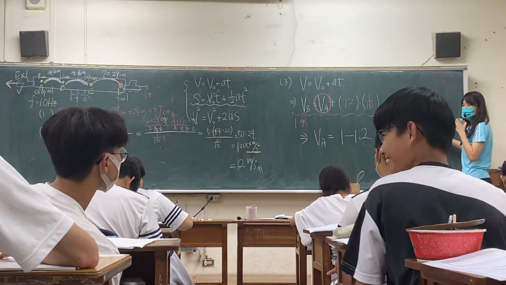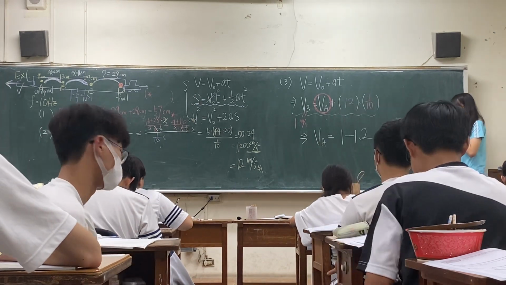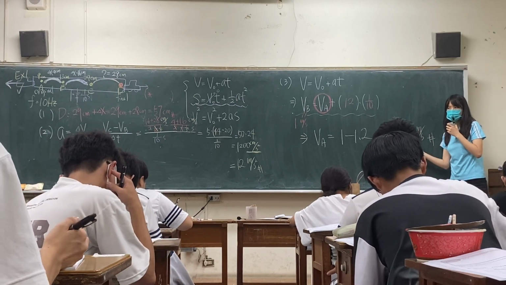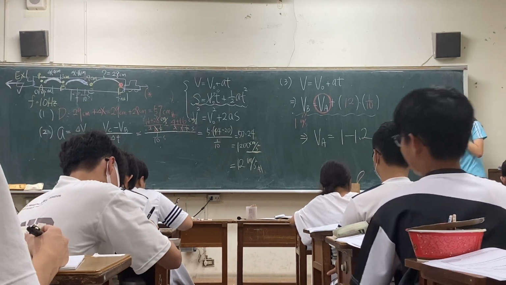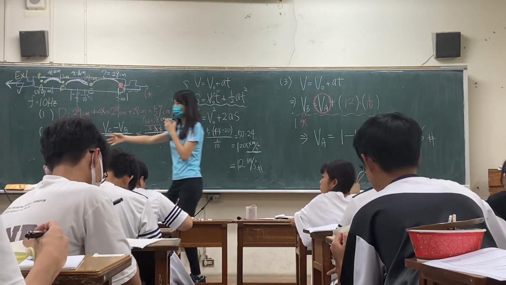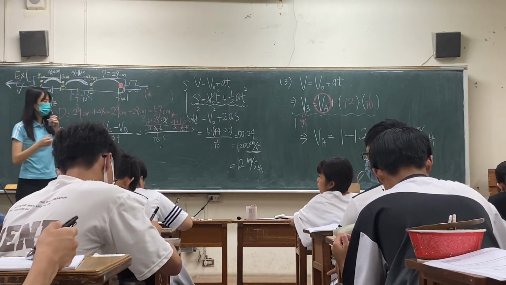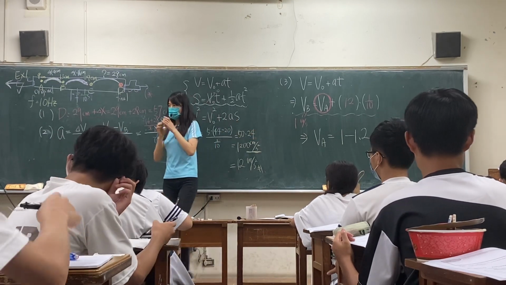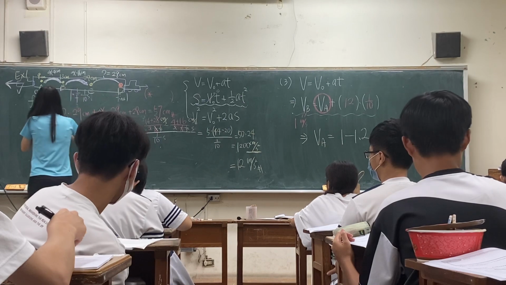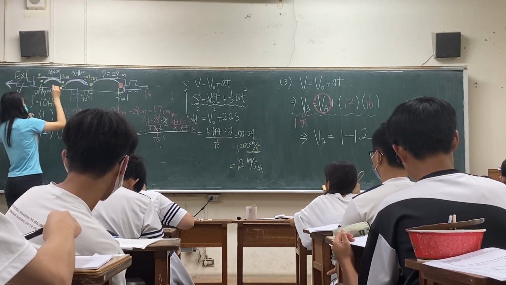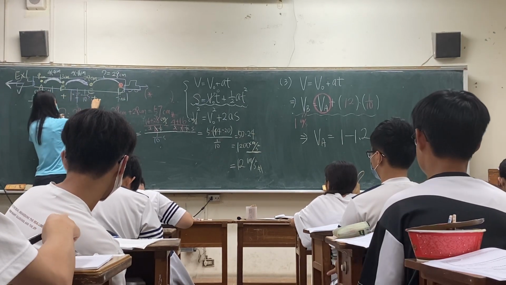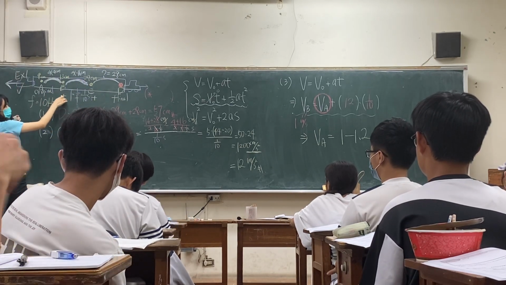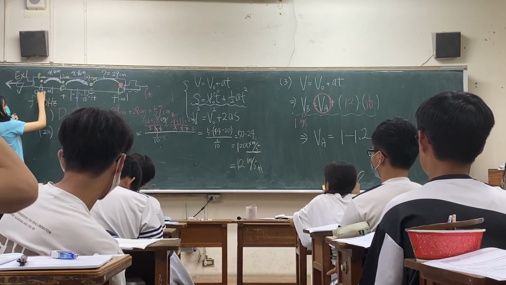What does that mean? Can anyone tell me? The velocity is negative. What does that mean? Yes. For the others, the velocity is positive, positive, and positive. But for the first dot, its velocity becomes negative.